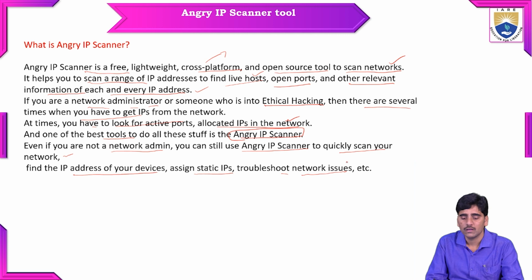You can diagnose them all with the help of this tool. Among all this, we can say that it is a powerful tool used for scanning IP addresses and ranges of IP addresses to find live hosts, open ports, and relevant information about each IP address. To get all these details of any IP address, you can download this Angry IP Scanner tool.